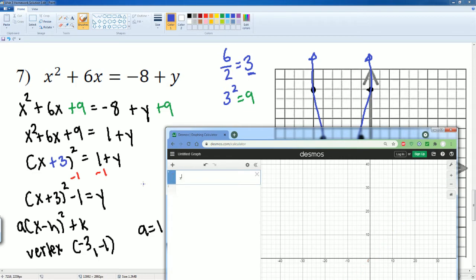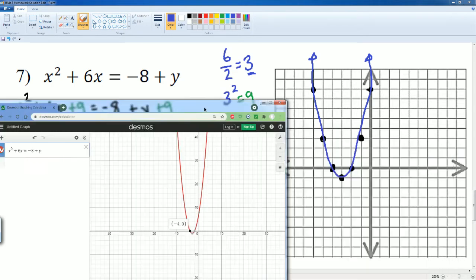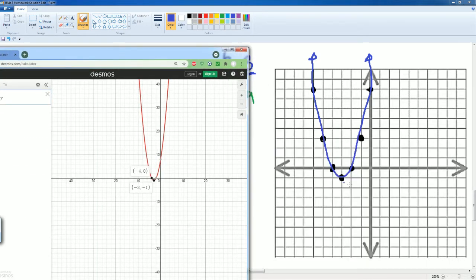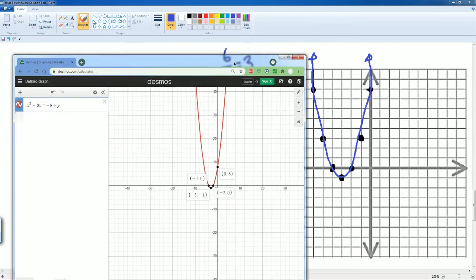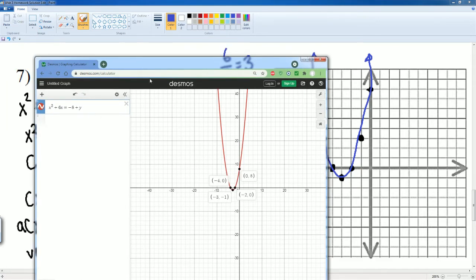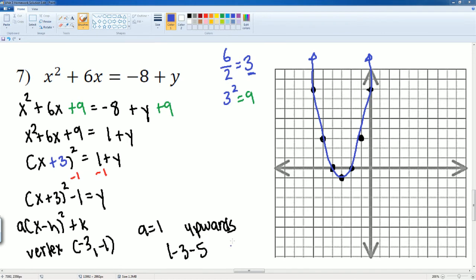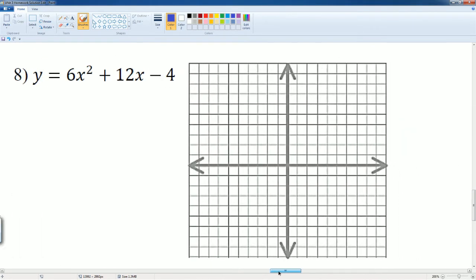I'm just going to type it in the way it is and see if Desmos gives it to me nicely. Perfect. What's the vertex? -3, -1. Perfect. X-intercepts, y-intercept, perfect. Yep, we matched. Excellent job. Desmos is very pretty in that way.